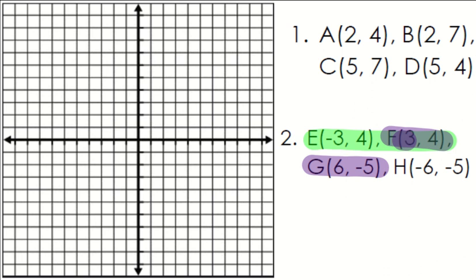Who can tell me what it is? Shane? Trapezoid. -3, +4. Got a dot about there. +3, +4. Dot there. 6, -5.